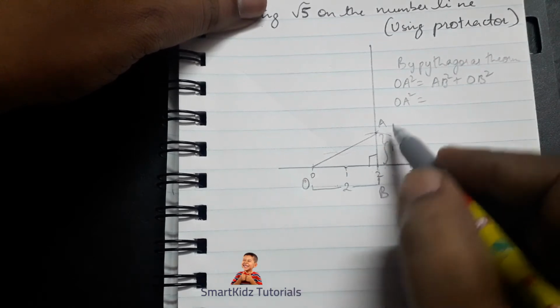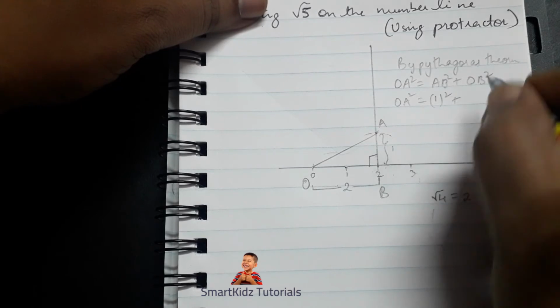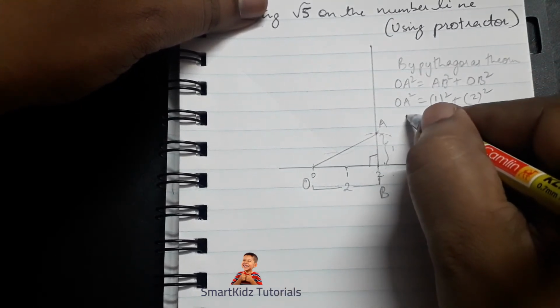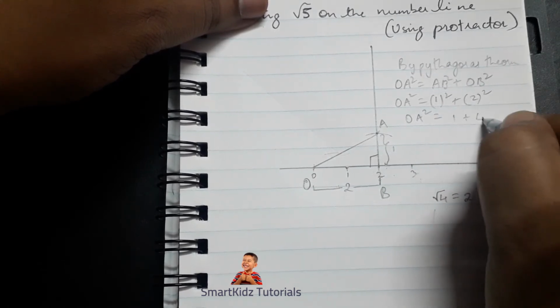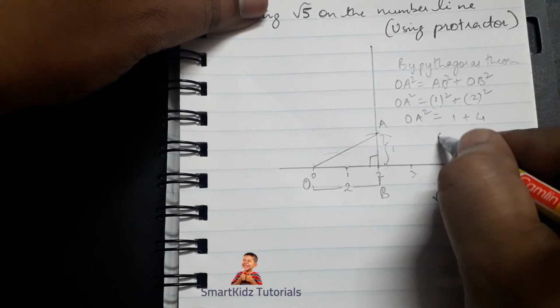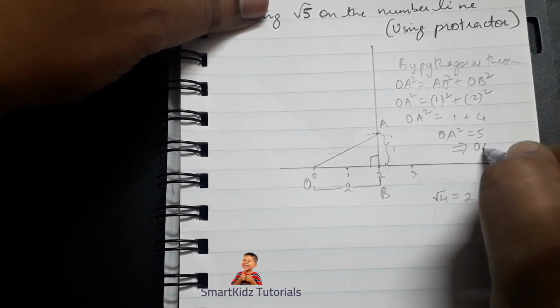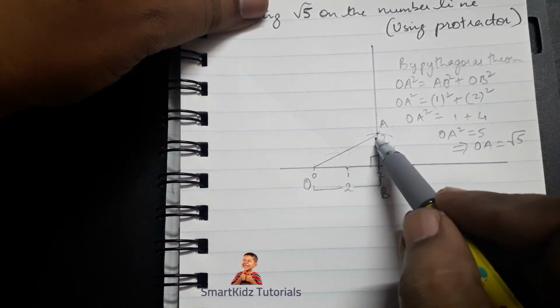AB we have constructed as 1, so 1 whole square, and OB we have taken as 2, so 2 whole square. So OA square will be equal to 1 plus 2 square is 4. So 1 plus 4 is 5. OA square is equal to 5, and this implies that OA will be square root of 5. So that's how we get this as root 5.